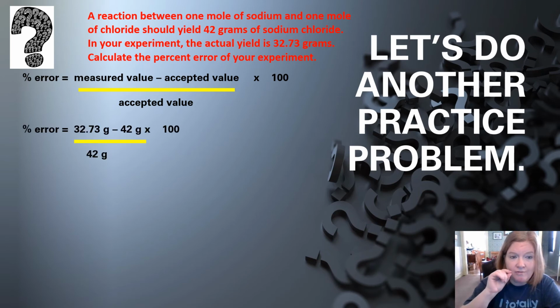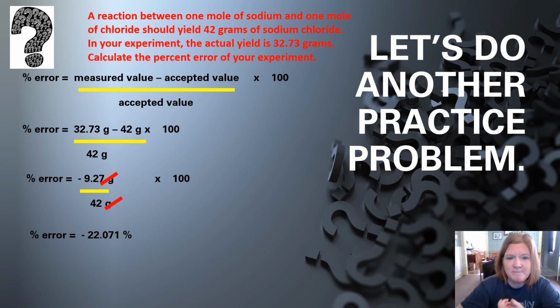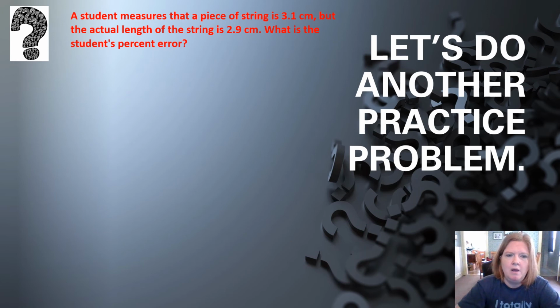So that's the measured value from the experiment. The should yield, that's the right answer. That's what you should have gotten. That's the accepted. So you do the subtraction, then you do the division, and significant figures. From my measurement, I need 4. So then I'm going to round. But again, we'll do significant figures later.